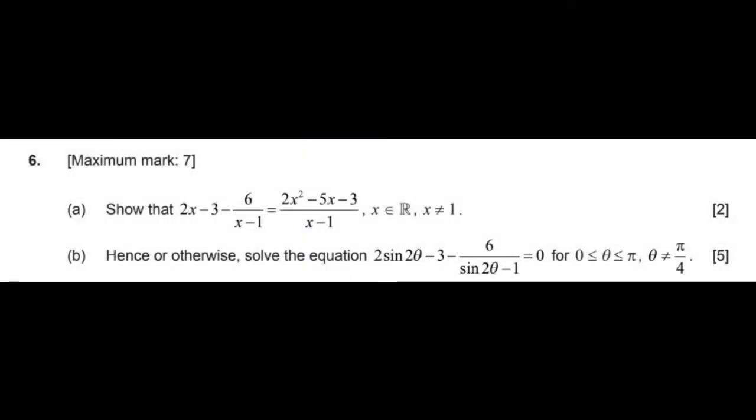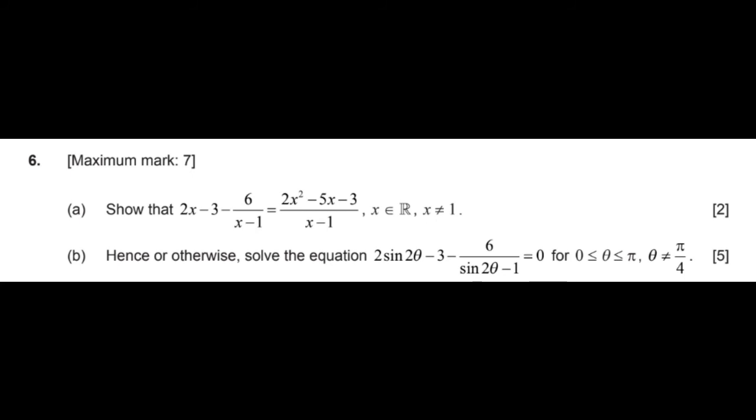All right, number 6. Part A, we have an algebra exercise. So we're going to show that the left-hand side is equal to the right-hand side. And part B, they say hence or otherwise. This is a big clue that you're going to want to use your results from part A to help you solve part B. So go with the hence and not the otherwise.